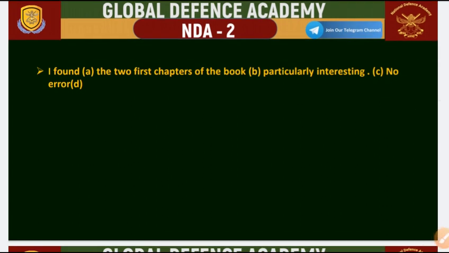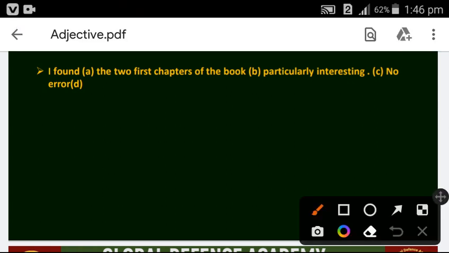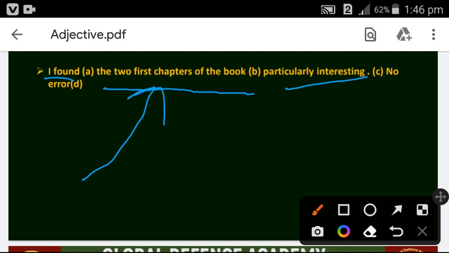Read: I found the two first chapter of the books particularly interesting. I hope you will all find the error in section B. What is the error?